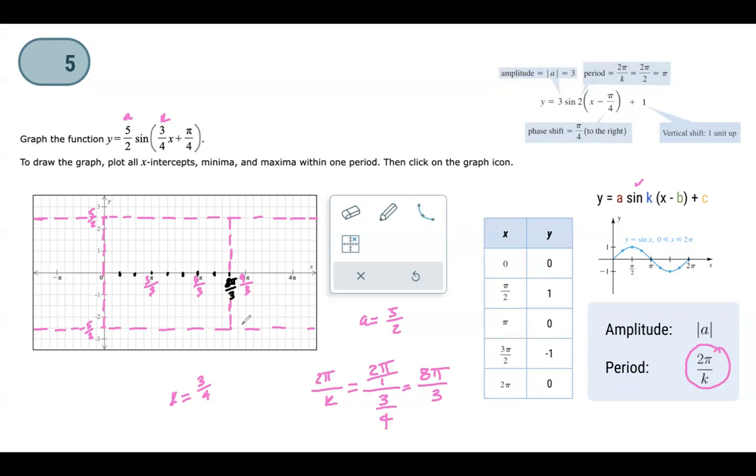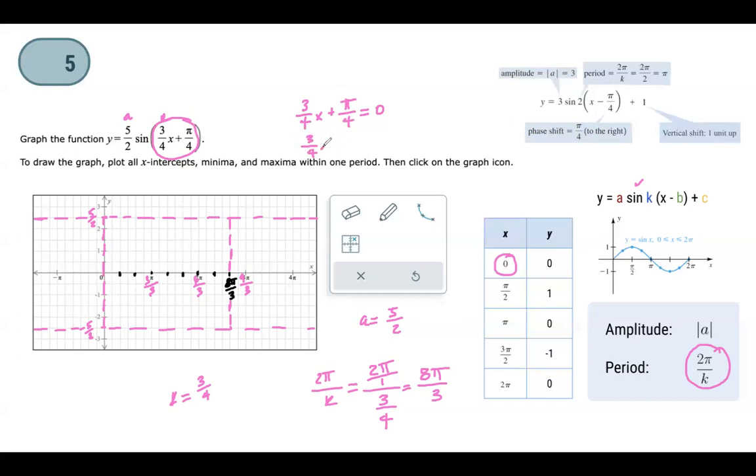But we also have a phase shift. And the phase shift is found by doing this whole thing and setting that equal to 0. Or you could factor it, but let's try this out. So if you do 3/4 of x plus pi over 4, and you set that equal to 0, the phase shift is not as straightforward as before because we have a k multiplying.